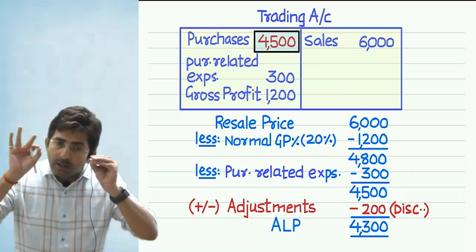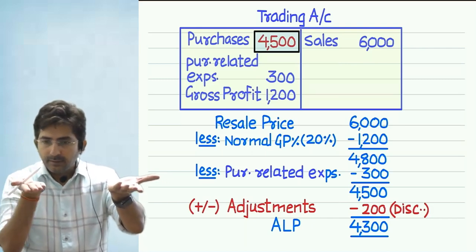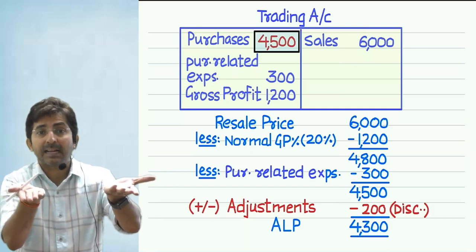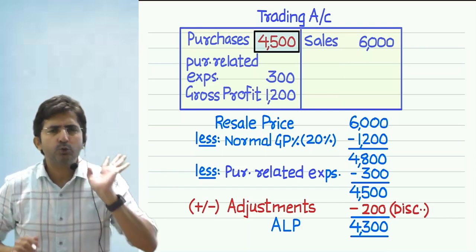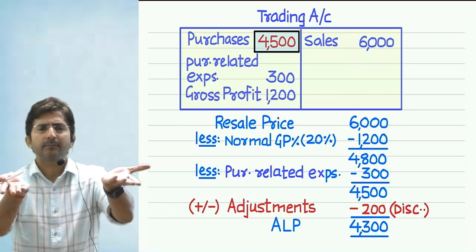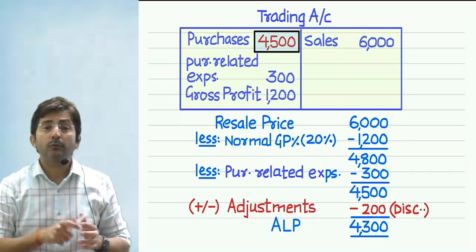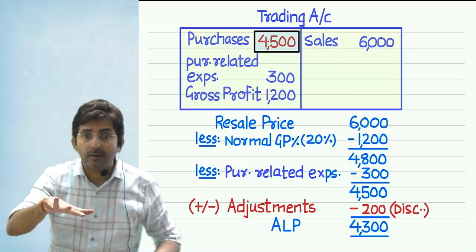Adjustments to account for differences between international transaction and uncontrolled transaction. I use the short form: adjustments to account for difference between IT and UT.